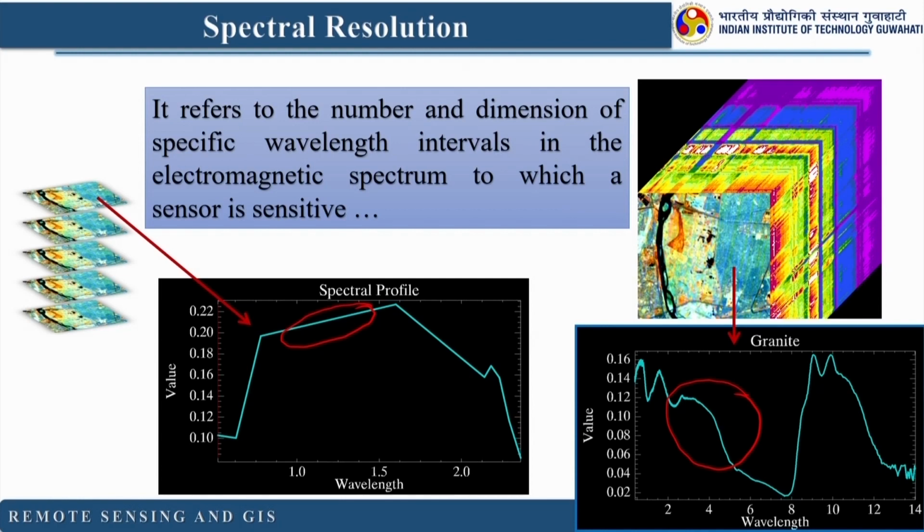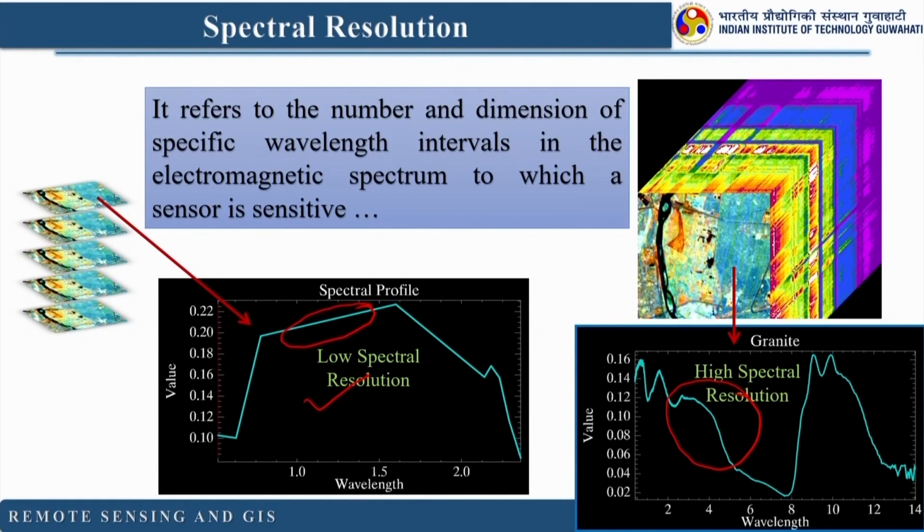So, the first band is 0.4 to 0.41, the second band is 0.41 to 0.42, whereas in this case you have 0.4 to 0.5. That means this is actually low resolution. So, this is called low spectral resolution, this is called high spectral resolution.